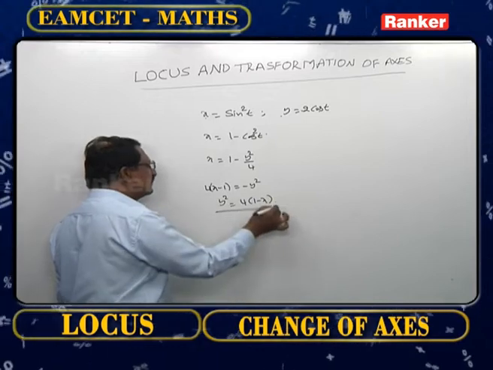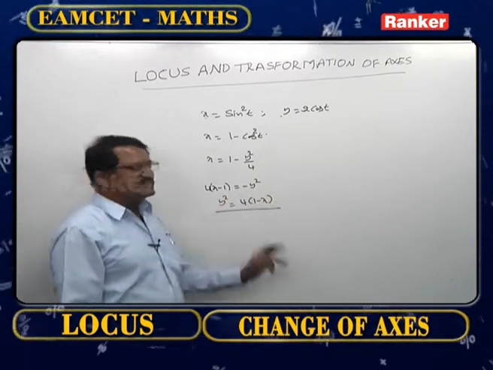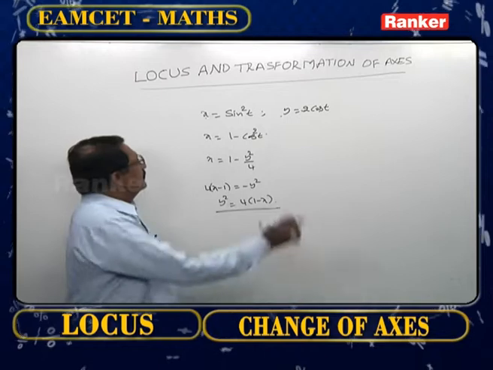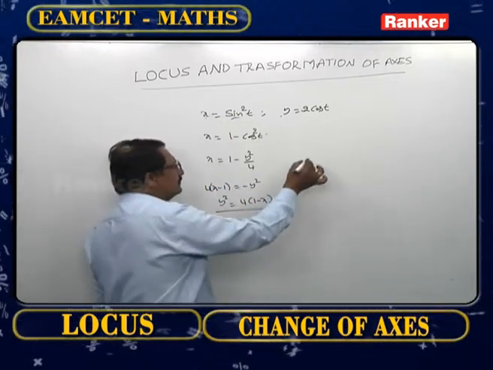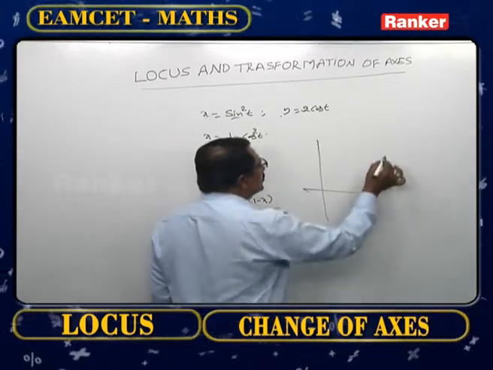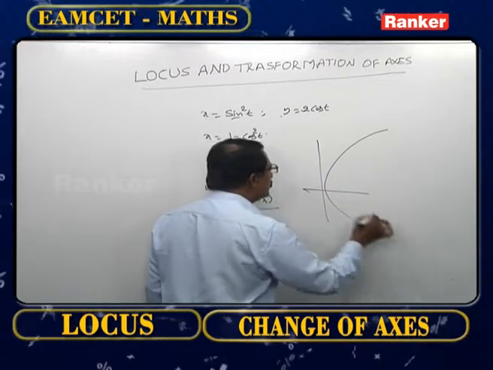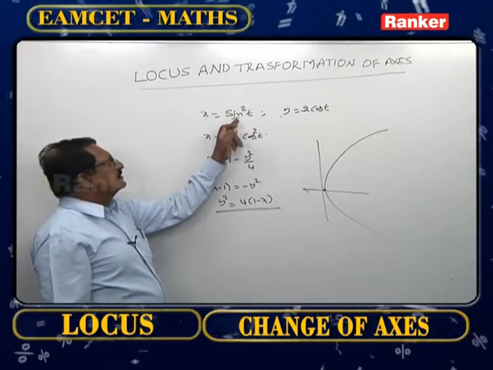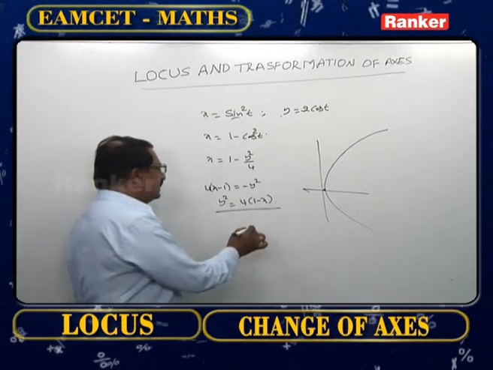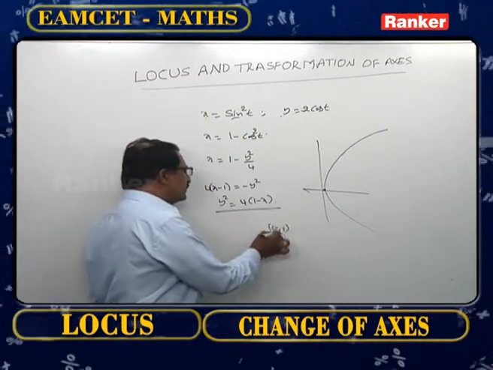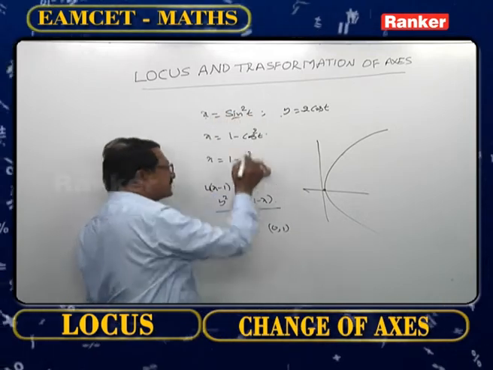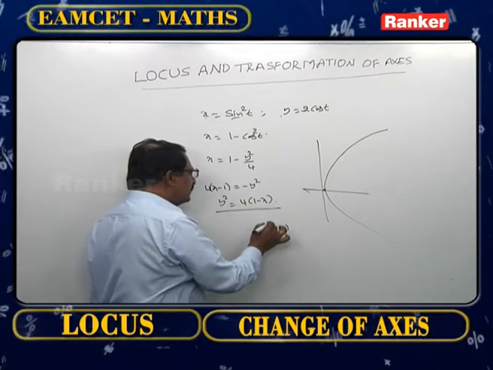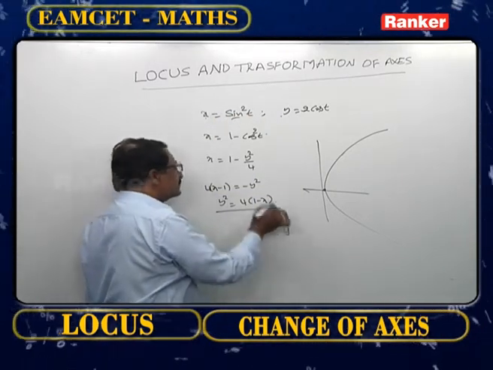Now this equation represents a parabola. But the parabola's limits are up to infinity, whereas here the value of x lies only between 0 and 1, because x equals sin square t, its minimum value is 0 and maximum value is 1.